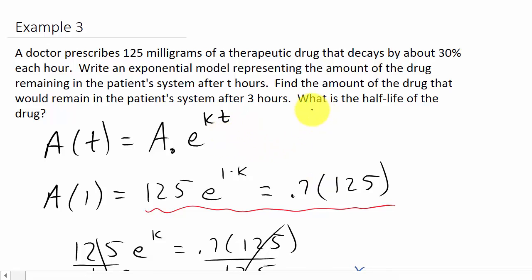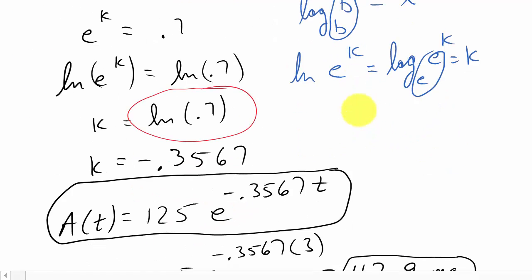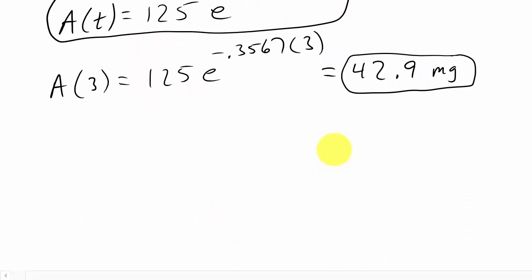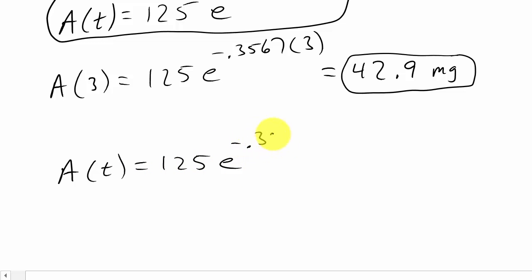Now it says, what is the half-life of the drug? That means we want to know how much time it takes for half of what we started with to be gone. Let's write down our function: 125 e to the negative 0.3567 t.